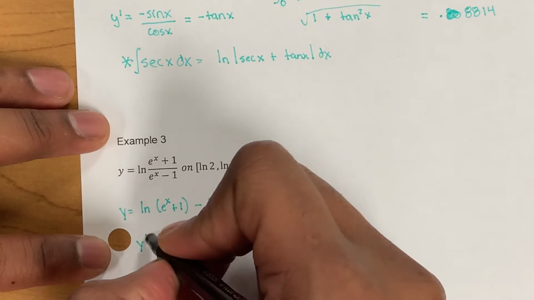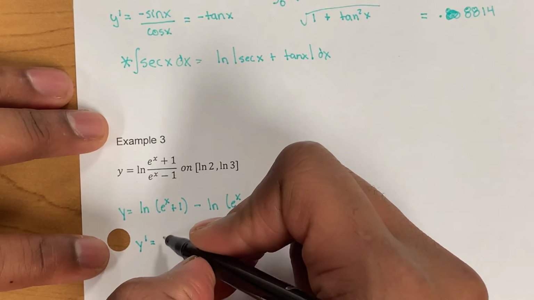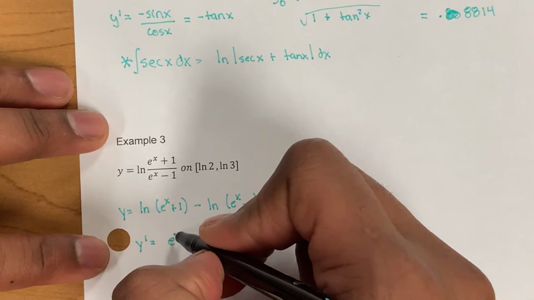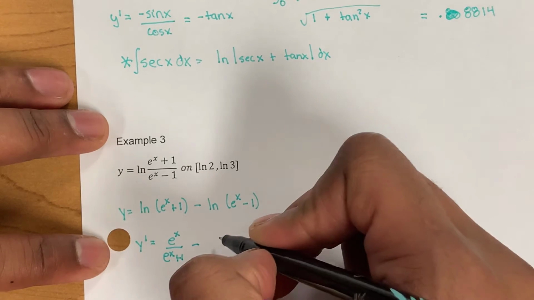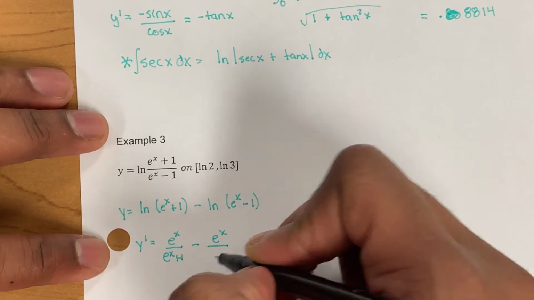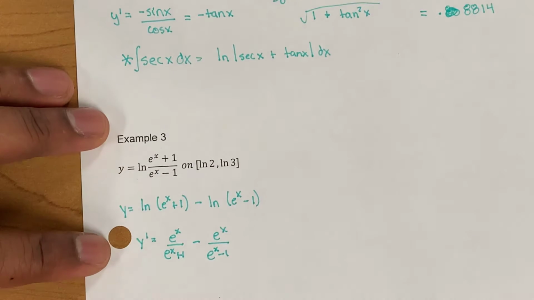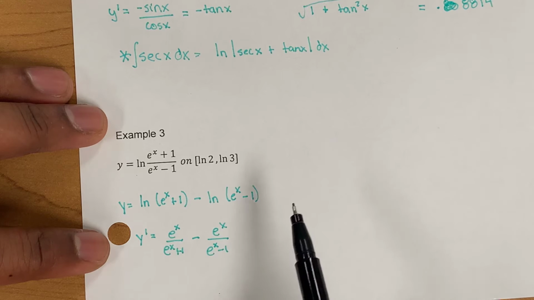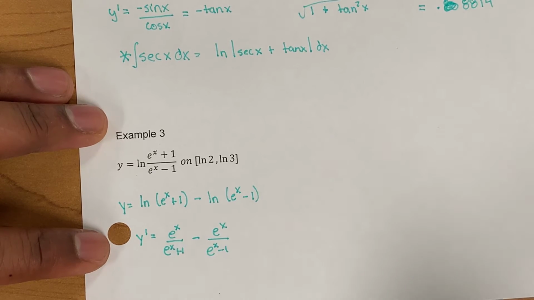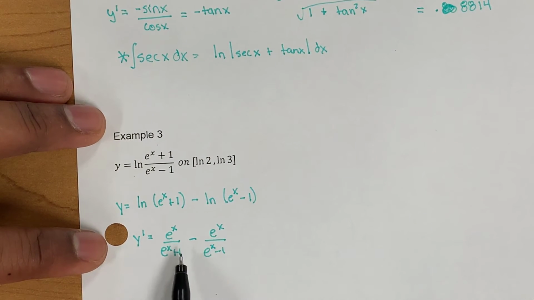And so when we get the derivative, that's going to be derivative over original, so e to the x over e to the x plus 1 minus e to the x over e to the x minus 1. So that's our derivative. We could simplify this and get, I think, negative 2e to the x over e to the 2x minus 1.